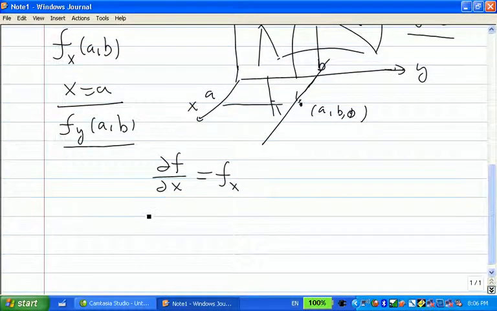How about a function that depends on more than two variables, say three, x, y, and z?